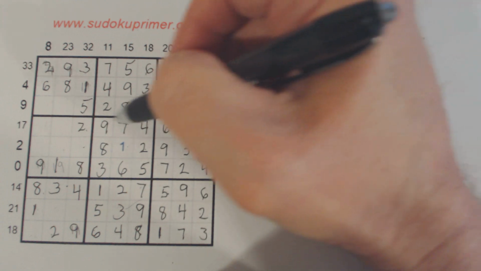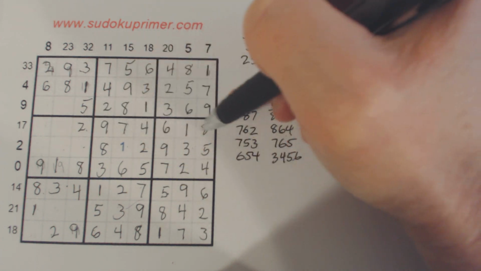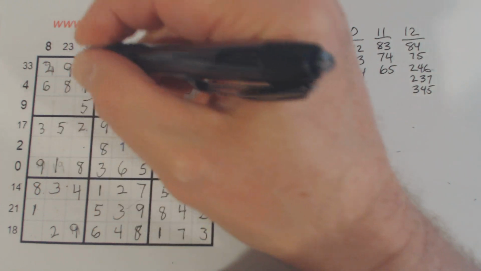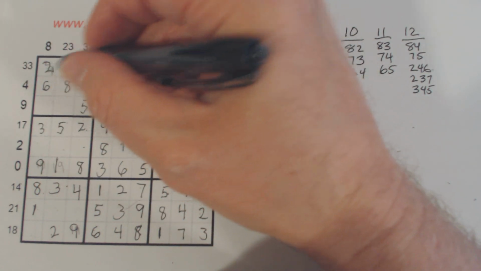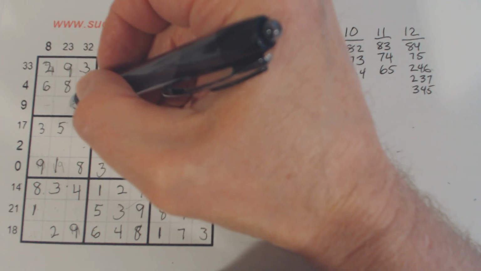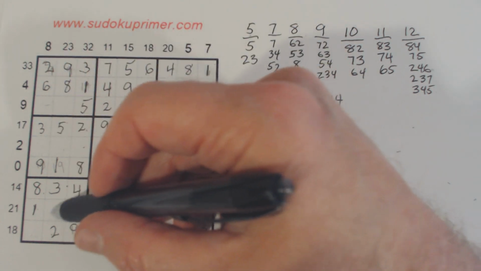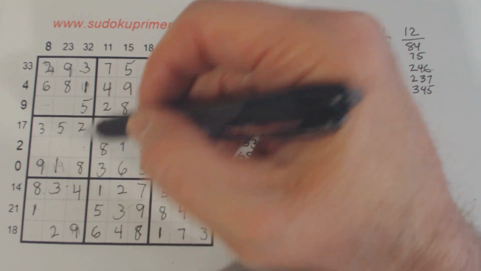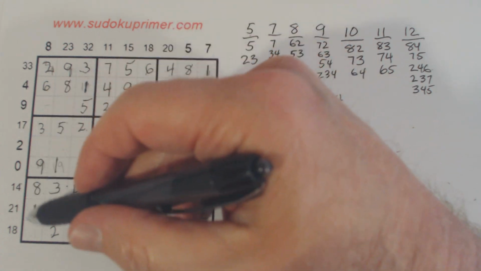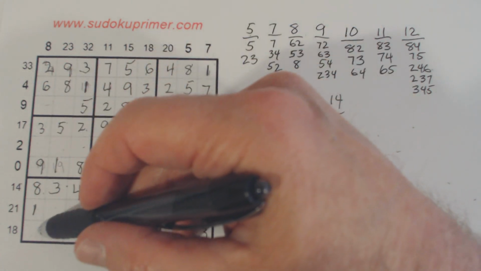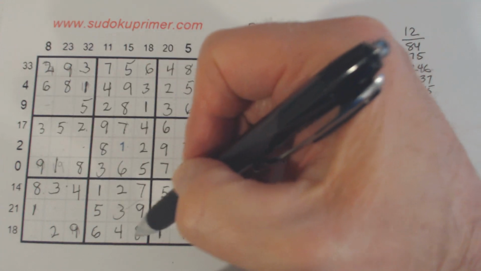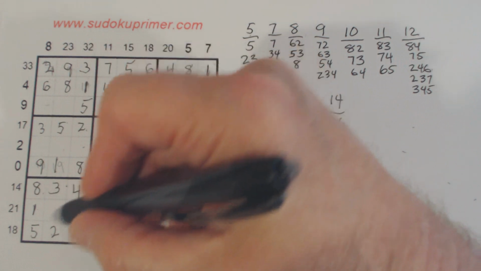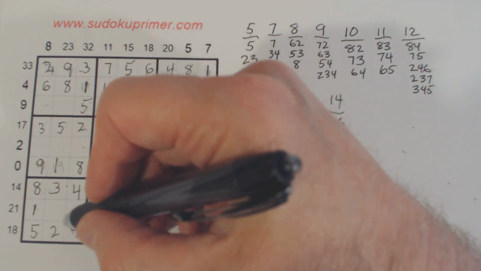Let's look at this row. 3, 5, 3 and 5. 3, 5. 4, 7. 6, 7 here, 6, 7 here. 4, 6, 7. Okay, help do that one. 5 there. 5, 5, okay.